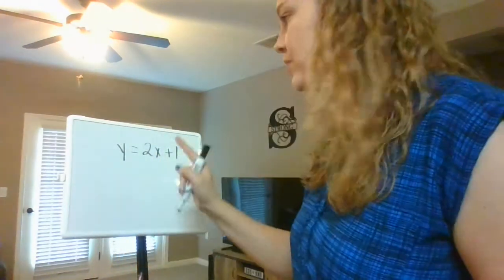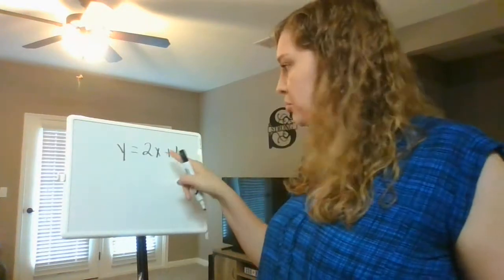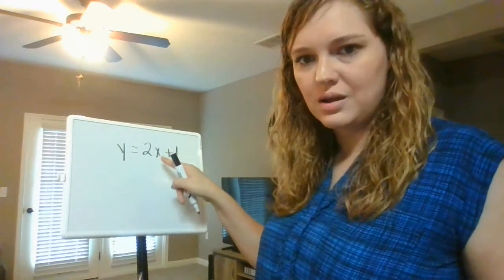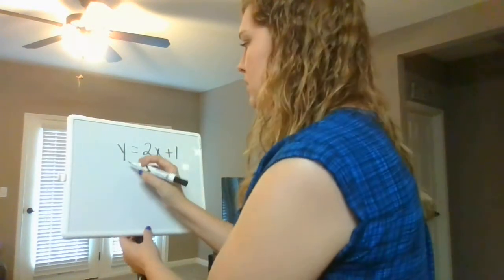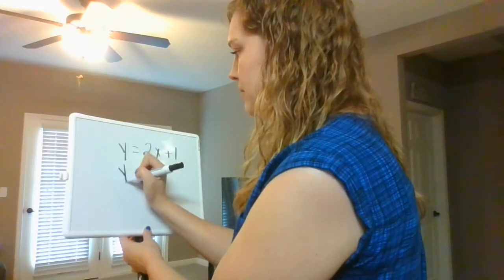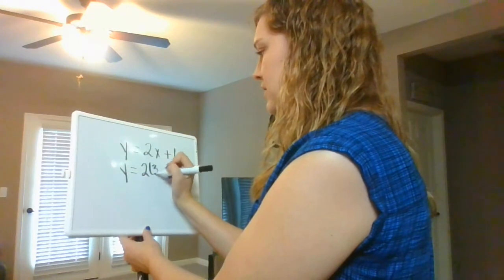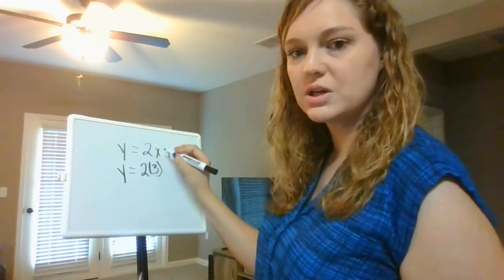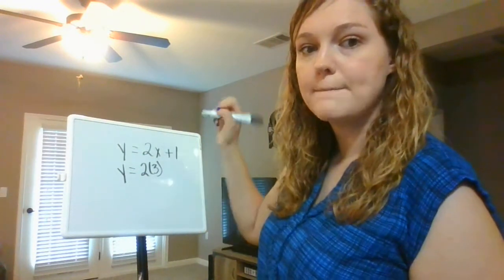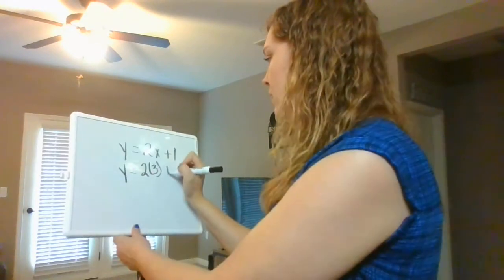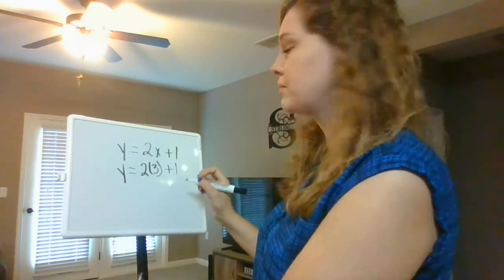So first we have to plug in the 3 where the x is. So I'm going to keep my problem the same, and I'm going to put a 3 here in parentheses. And when they're right next to each other, remember that means you multiply. Don't forget the plus 1.